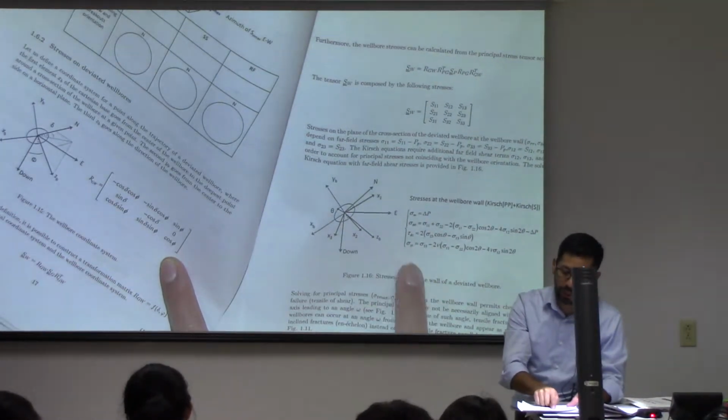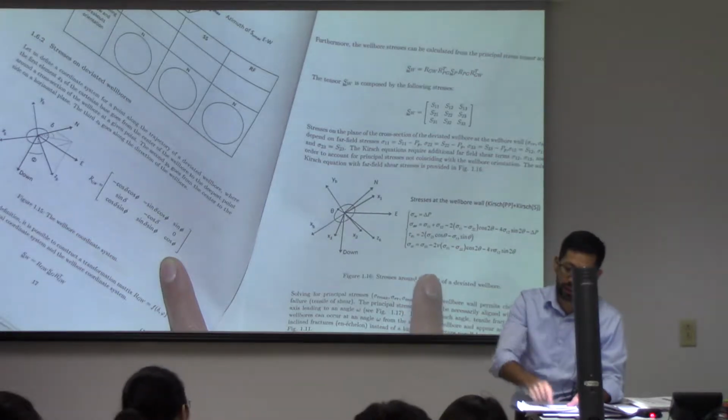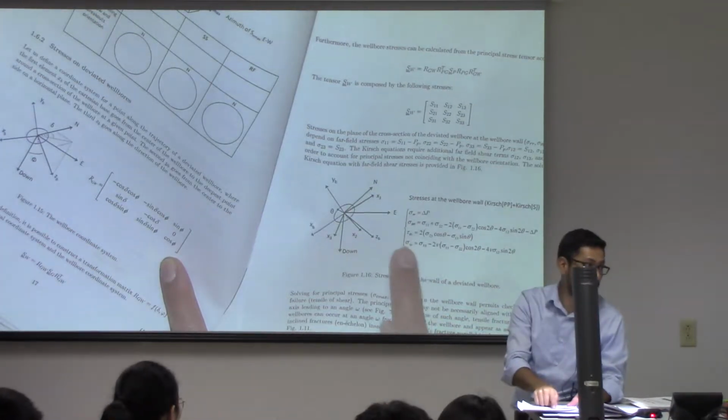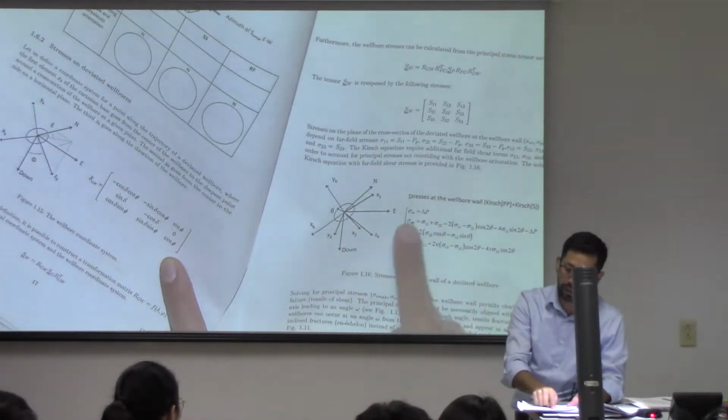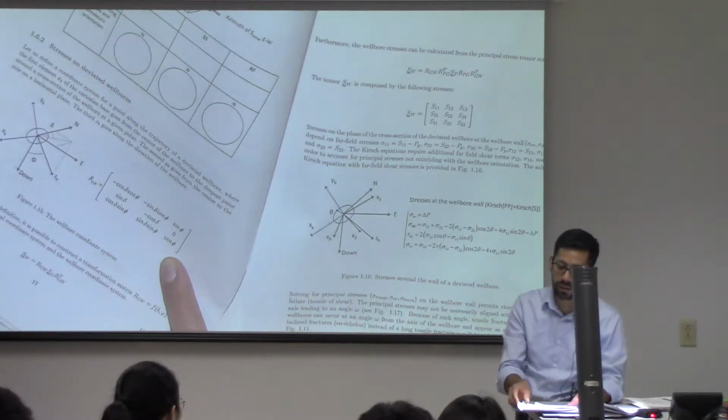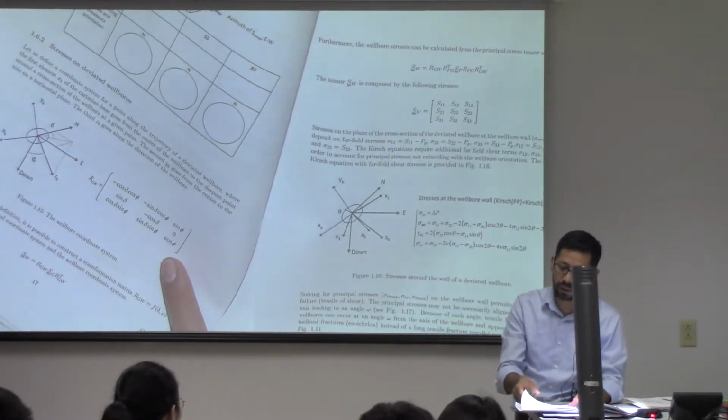And when you have these stresses, then you have to go one step further. You have to compute principal stresses. So calculate eigenvalues out of this, and out of these eigenvalues, you're going to be able to say if this is at failure or not.